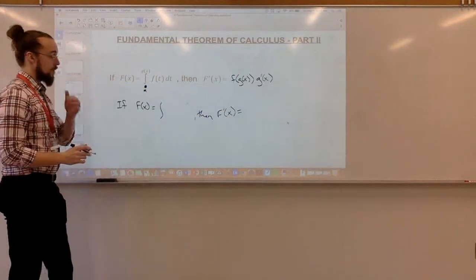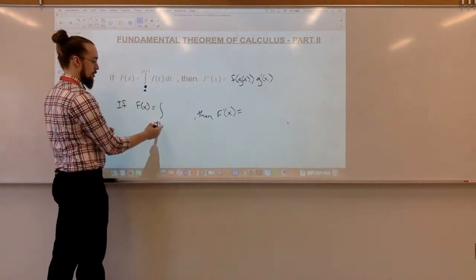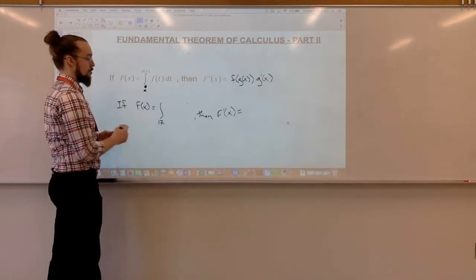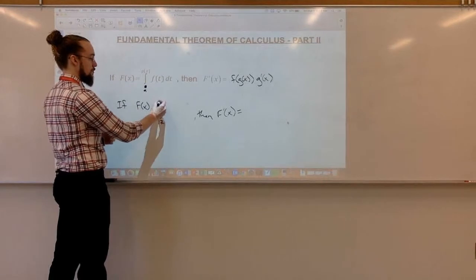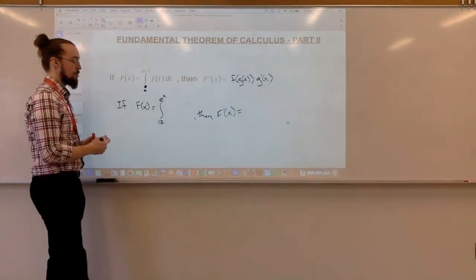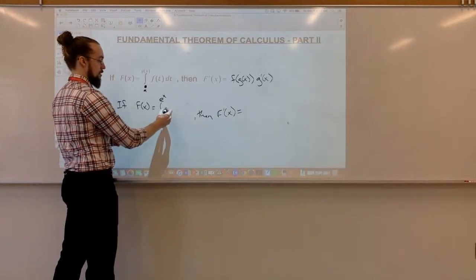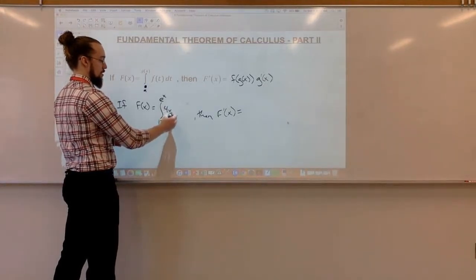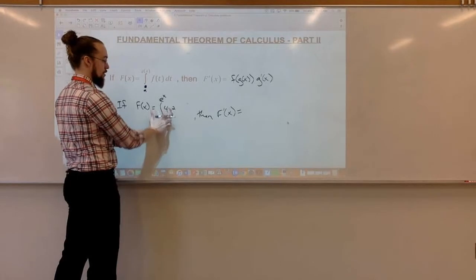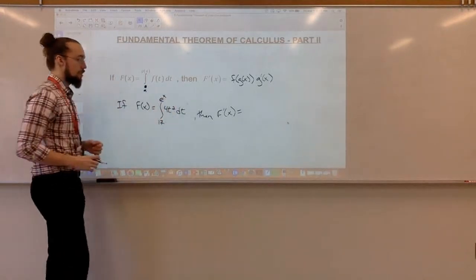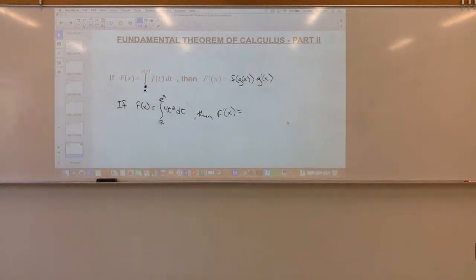So how about f of x is the integral from 17 to e to the x of 4t squared dt. And what is f prime of x? What would the derivative of this integral be?